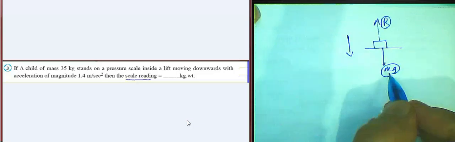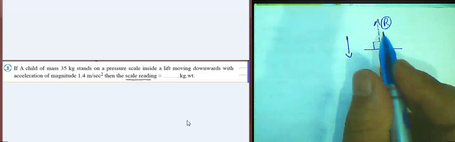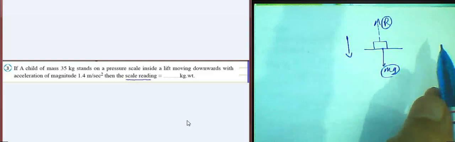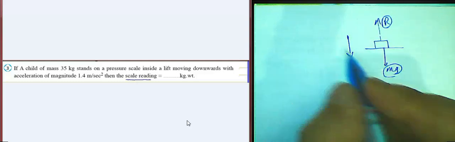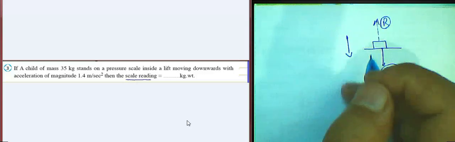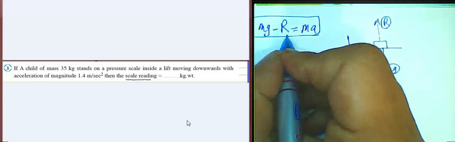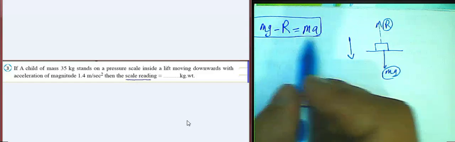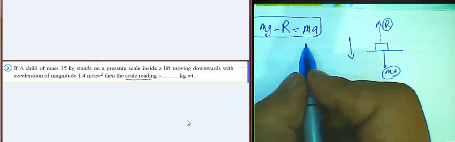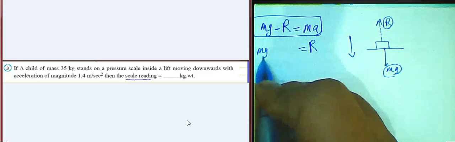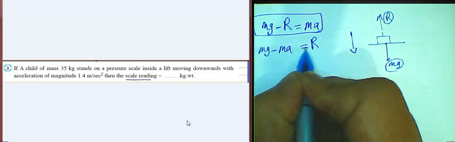We can write the relation mg subtract R equal m multiplied by a, from Newton's rule, because the motion is downward. Then we can write mg subtract R equal ma. We want to find R. We can move R to the right-hand side with inverse sign and write mg subtract ma.